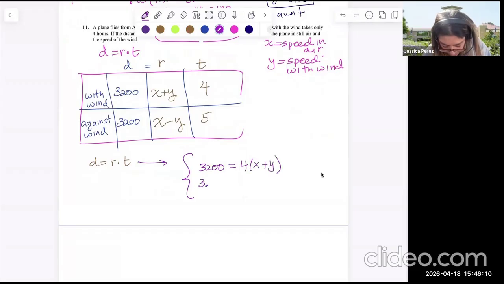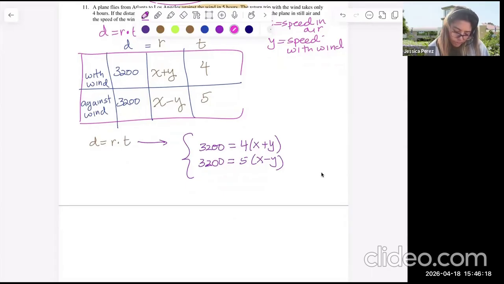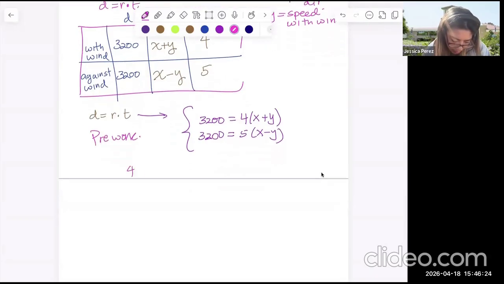And then your second equation is 3,200 equals 5 times x minus y. And then you clean it up. This is all pre-work, by the way. We haven't solved our equations. So we have 4x plus 4y is 3,200, and 5x minus 5y is 3,200.